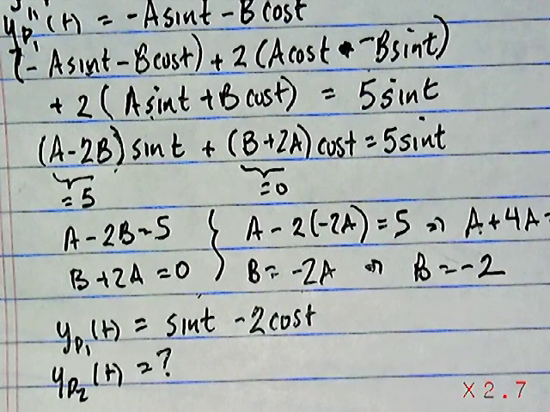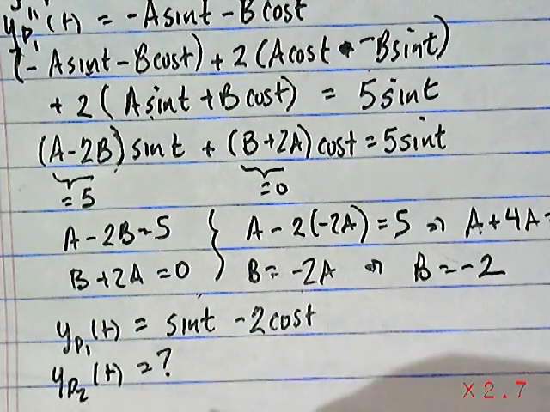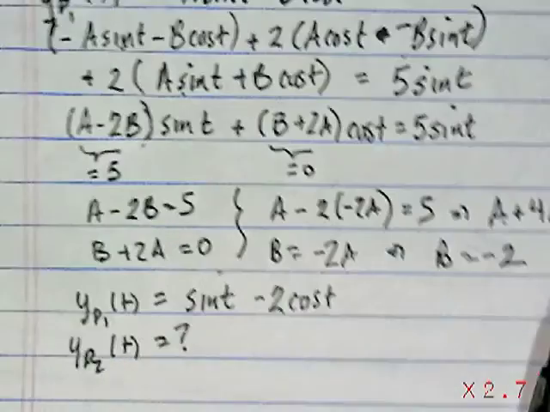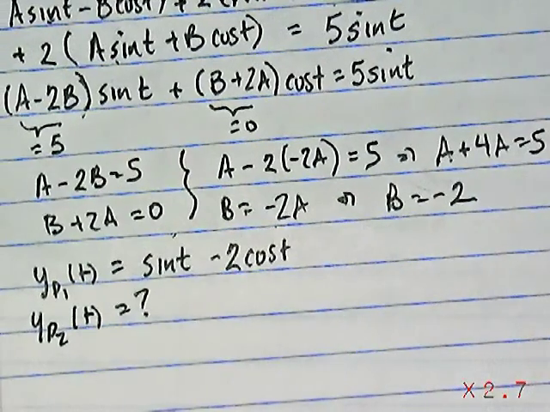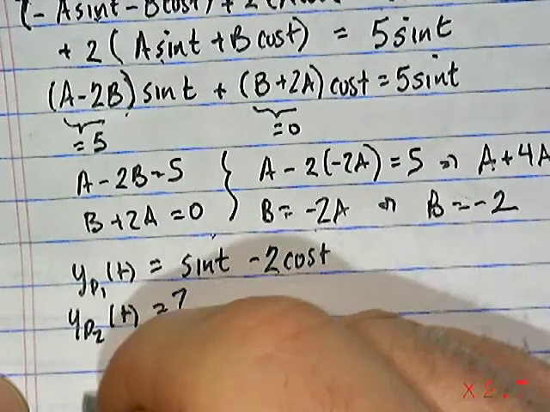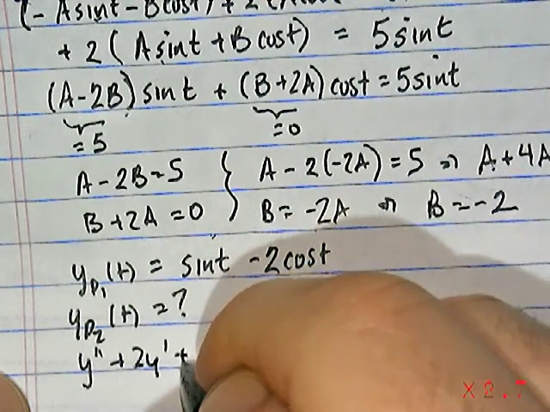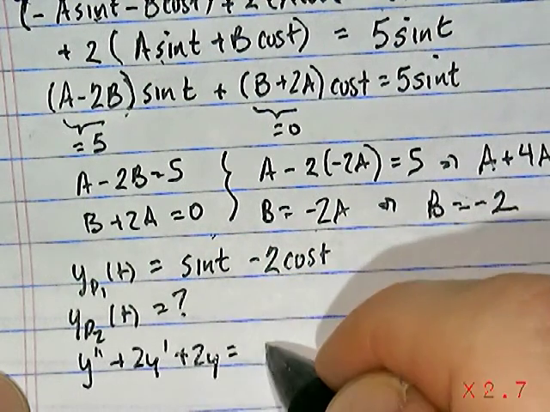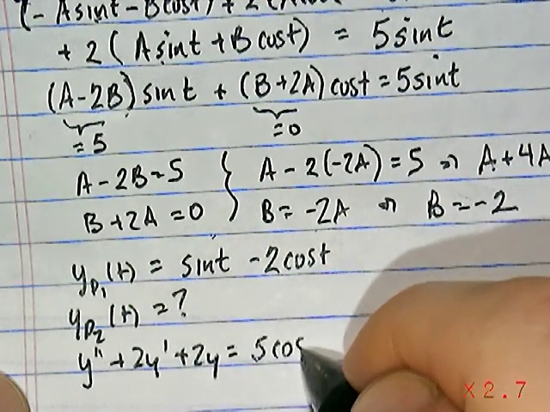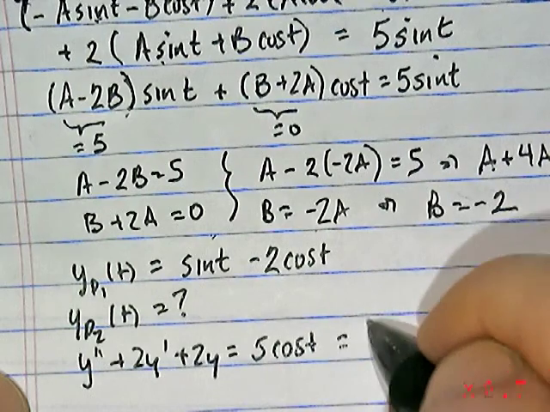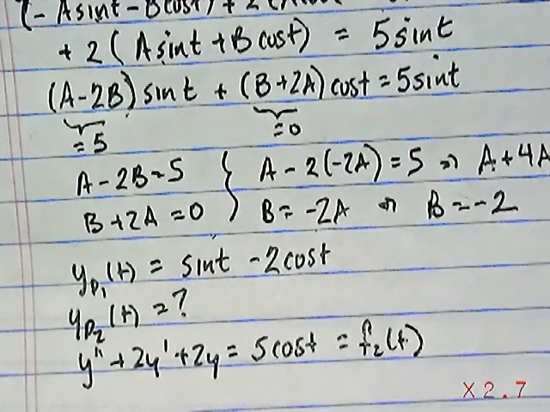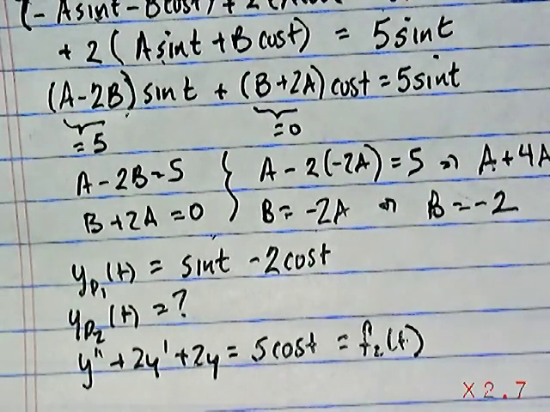Right? So again, what we're looking at in that particular case is to say, all right, what if the left-hand side was the same, but now we had 5 cosine of t, which is that second part of the right-hand side.